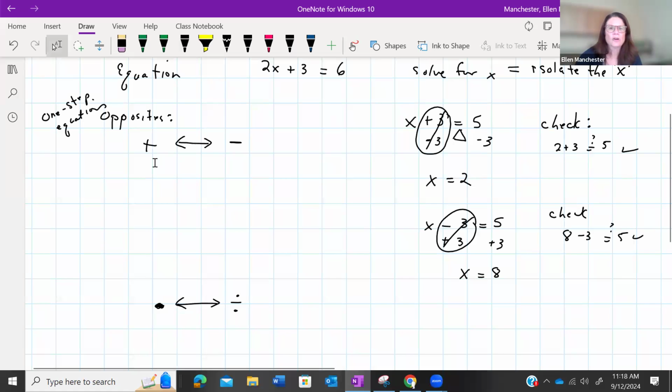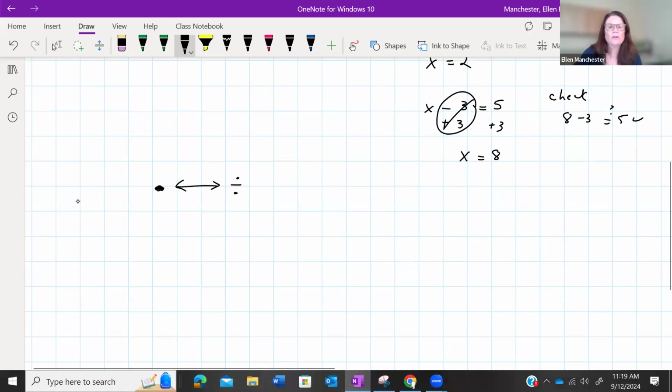Okay. So that's a one-step equation. If I had 3 times something equals 15, this is showing multiplication. So to isolate, I'm going to divide both sides. 3 divided by 3 is 1. 1 times x is x.